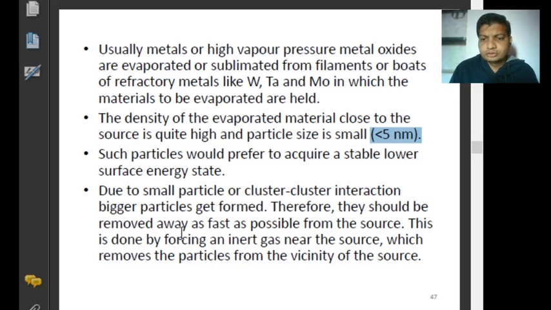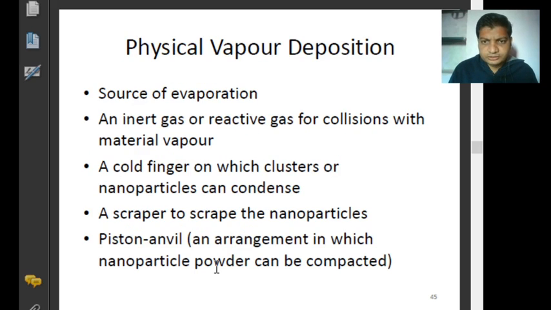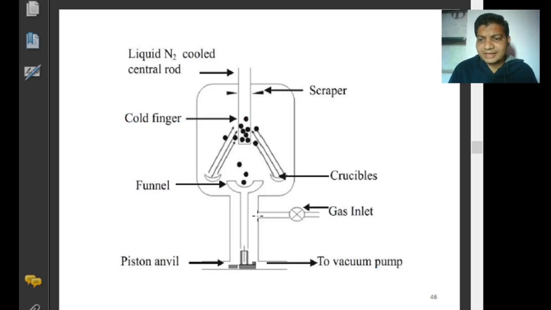Therefore, they should be removed away as fast as possible from the source. This is done by forcing an inert gas near the source, which removes the particles from the vicinity of the source. So this inert gas, like N2, they can use to remove the nanoparticles, because in the vapor state they get separated out and form small particles, and they combine together.